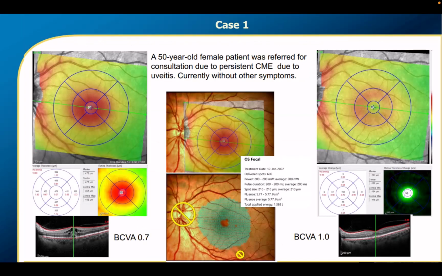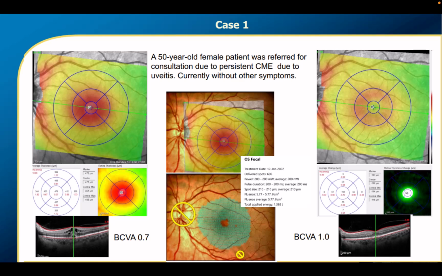Finally, I would like to present three cases. The first one is a 50-year-old female patient who was referred for consultation due to persistent cystoid macular edema due to uveitis.